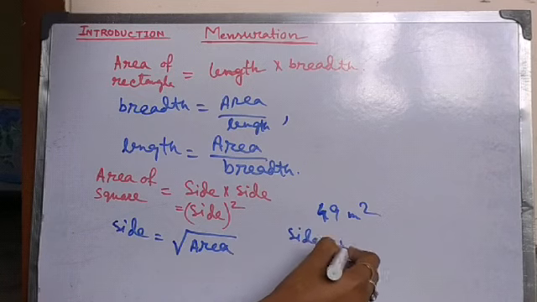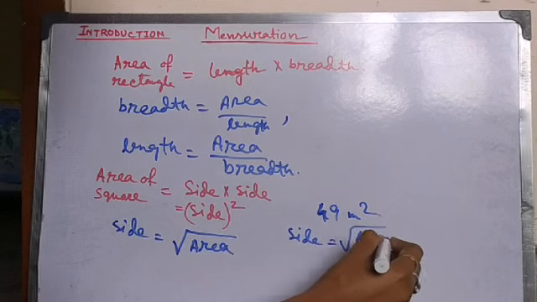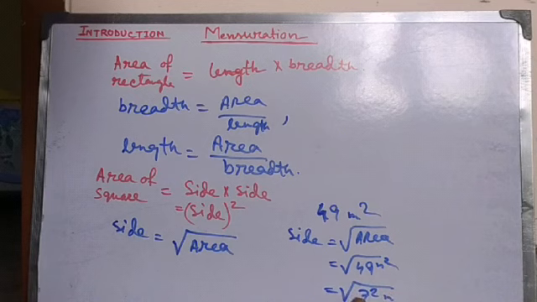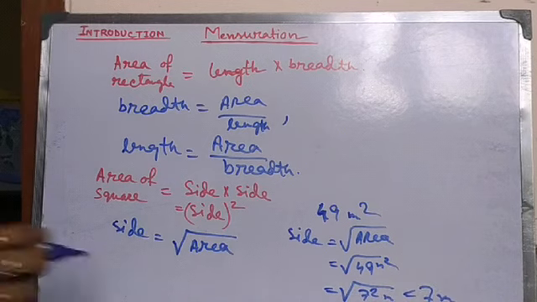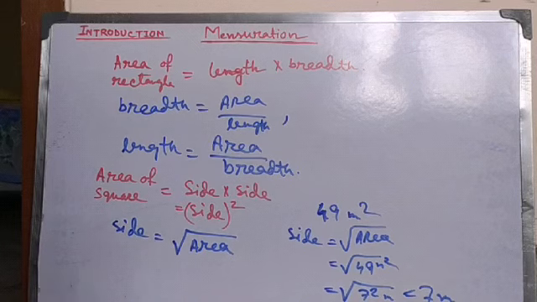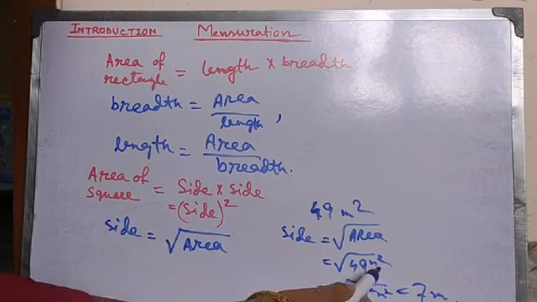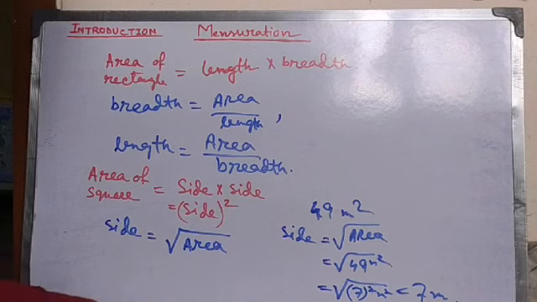Side equals root of area, that means root of 49 meter square, that means 7 meter. Here 49 means 7 square meter square, so the side equals 7 meter.